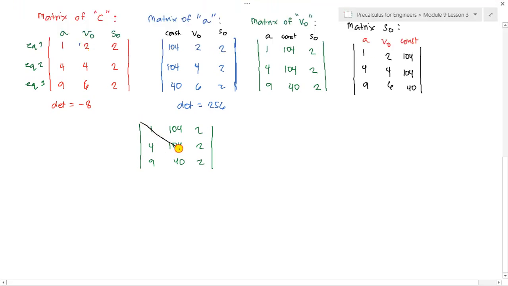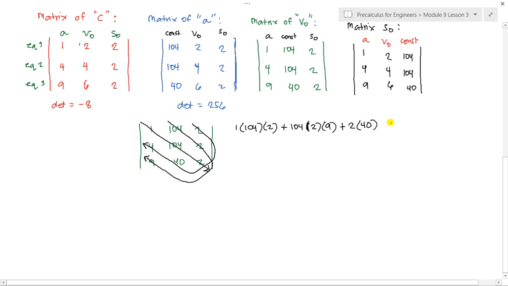So top left to bottom right, 1 times 104 times 2, plus 104 times 2 times 9, then 2 times 40 times 4. So what is the answer, class? 2,400.